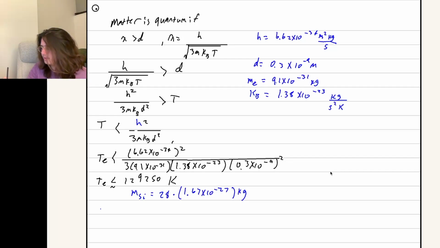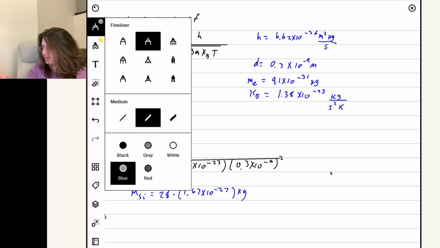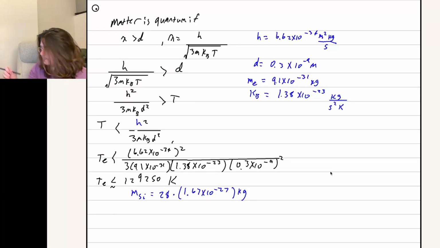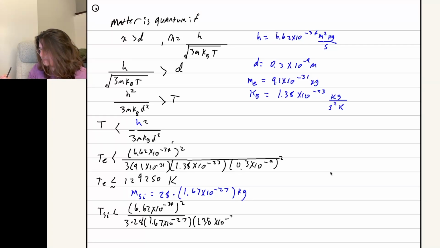So for the silicon lattice, kind of like a CPU, if you will, you'll have that T is less than 6.62 times 10 to the minus 34 squared over 3 times 28 times 1.67 times 10 to the minus 27 times 1.38 times 10 to the minus 23 times 0.3 times 10 to the minus 9 squared.